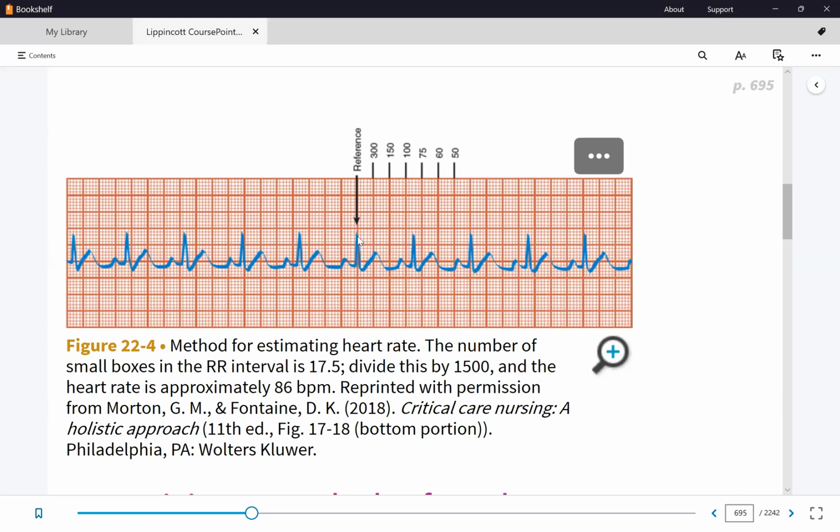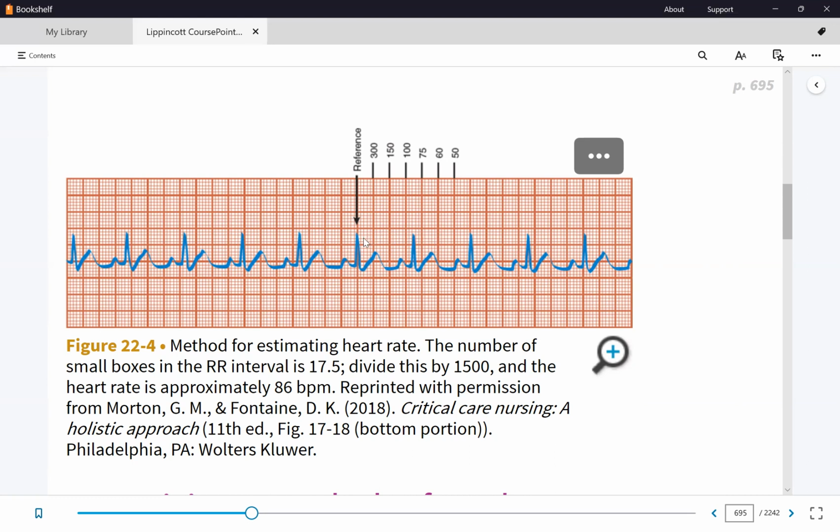Okay. So between R wave number 6 and R wave number 7, how many small boxes are there? This is a big box, so there are 5 small boxes there.